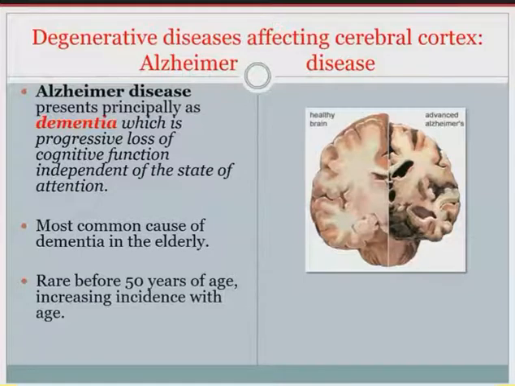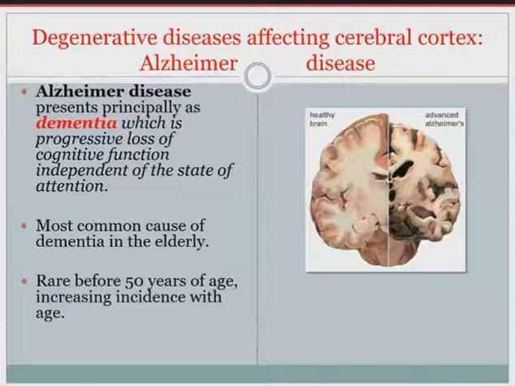It is the most common cause of dementia in the elderly. Patients suffering from Alzheimer's disease are rare before 50 years of age, and the incidence increases with age.